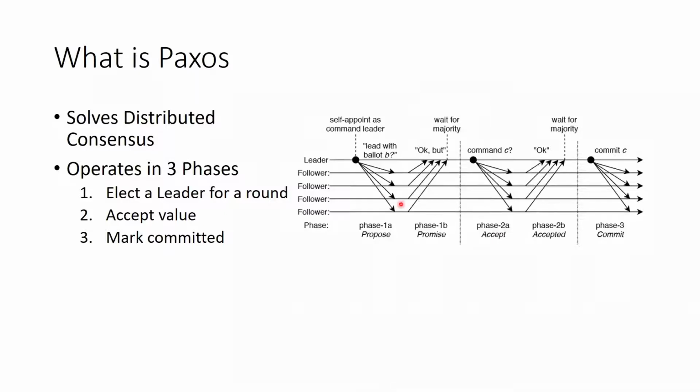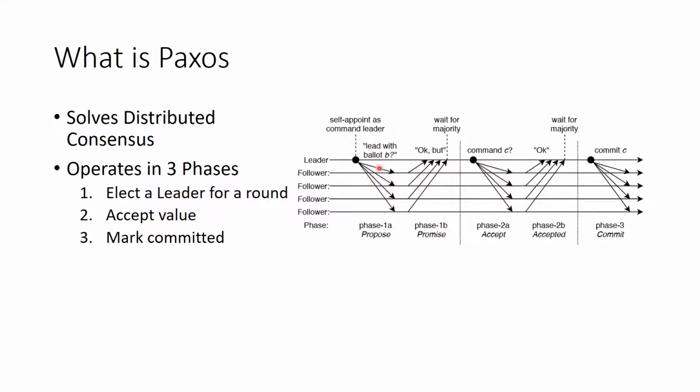So this is phase 1 right here. The majority says okay, and a single node emerges as a leader. Once this has happened, the leader can tell the followers to accept the value. It may be a completely new value, if the leader hasn't learned of some old value that needs to be recovered in phase 1.